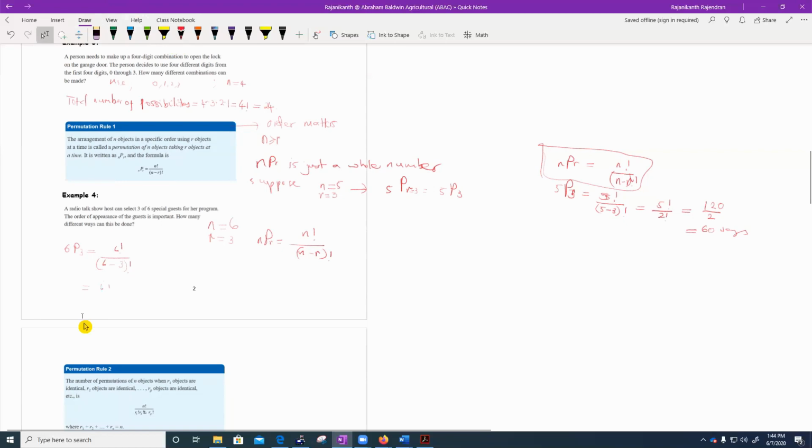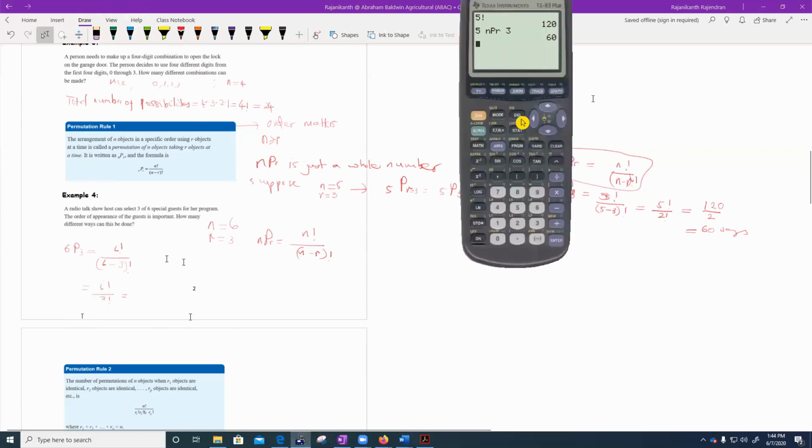You don't need to find them one by one; you could type it all at a time into your calculator. So first I'm typing 6 factorial, 6 math PRB factorial. Now I'm going to divide by 3 factorial, again going to math and factorial number 4. So 6 factorial over 3 factorial is 120.